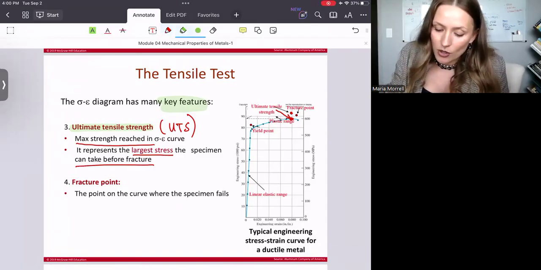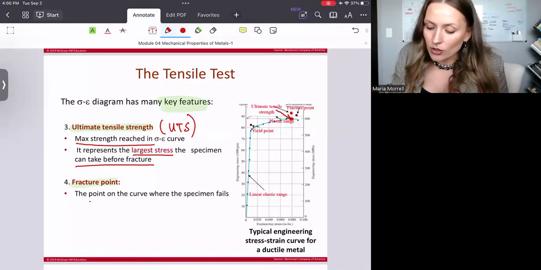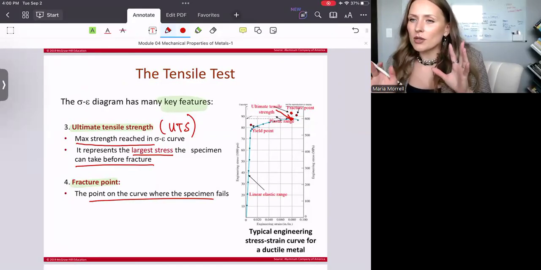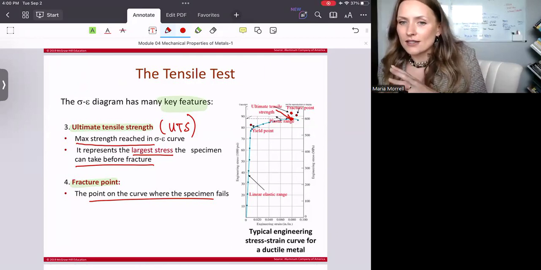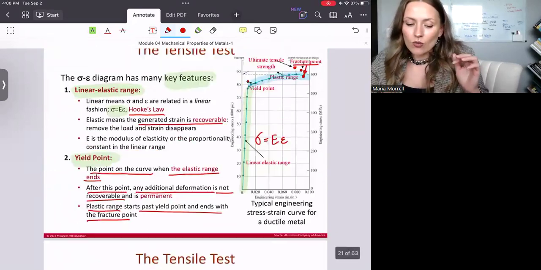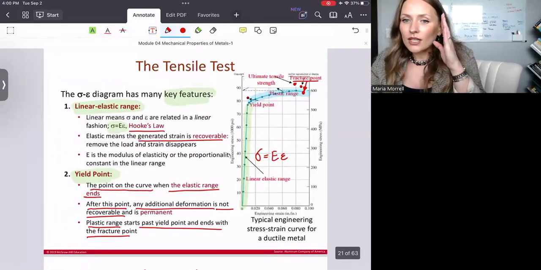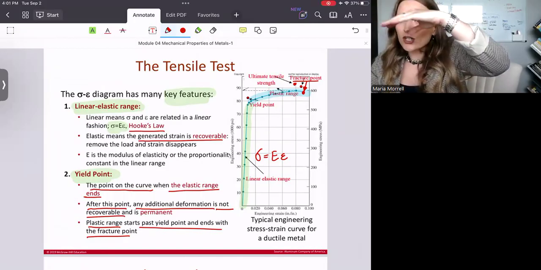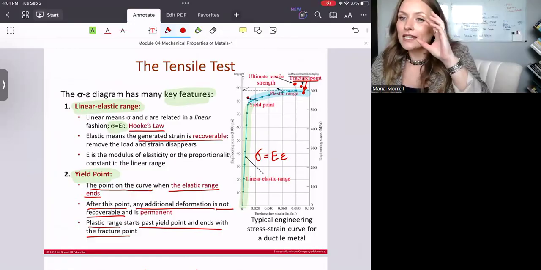And now, the fracture point, something that I've already shown, is the point on the curve where the specimen fails, right? So this is the information we can pick up from the tensile test. Once again, we can see the linear elastic range, I should call it the elastic region. There's a plastic region. The two are separated by the yield point, right?